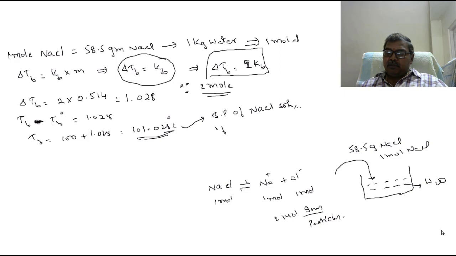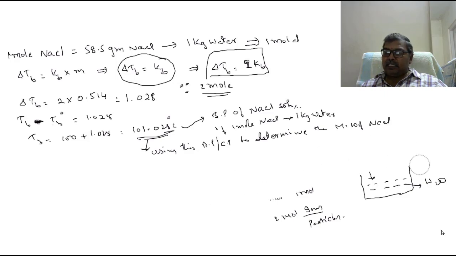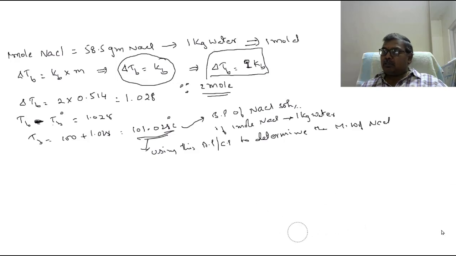If 1 mole NaCl is dissolved in 1 kg water. Now, for example, using this boiling point or colligative property to determine the molecular weight of NaCl. Let us suppose that we don't know the molecular weight of NaCl, an unknown solute.